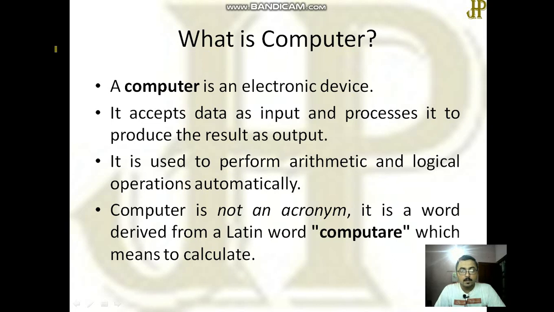Okay? Now, computer is not an acronym. What it means? It means computer has no full form. It is a word derived from Latin word computere, which means to calculate. Further, somewhere you can see the full form of computer, which is not authenticated, but you can use.